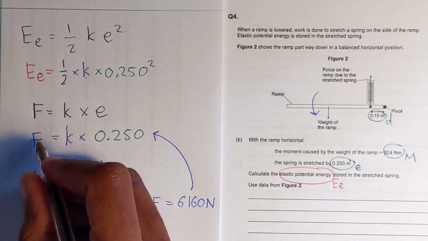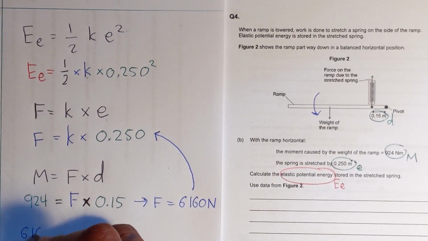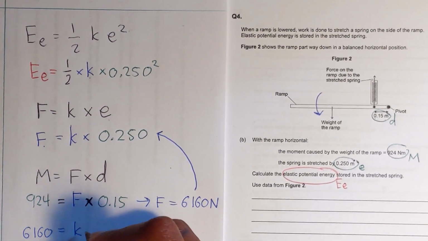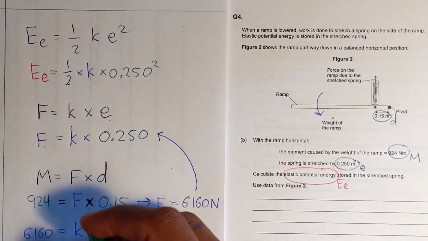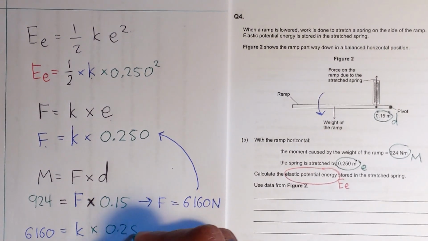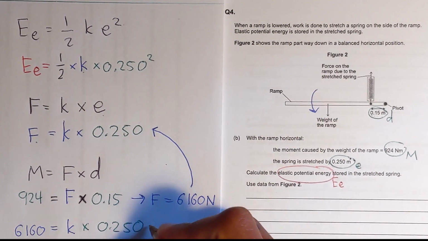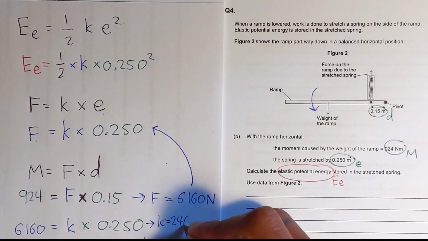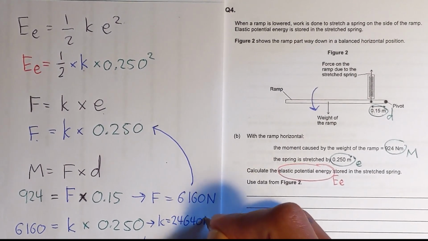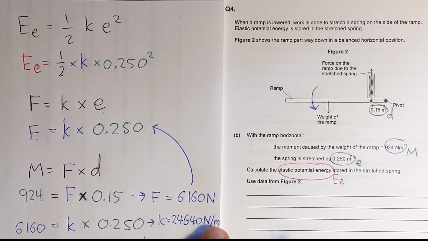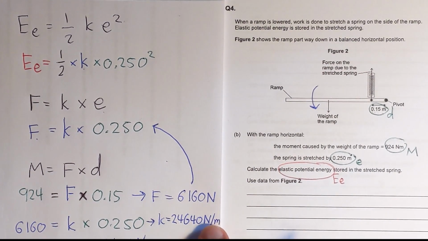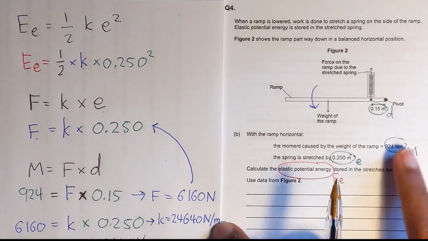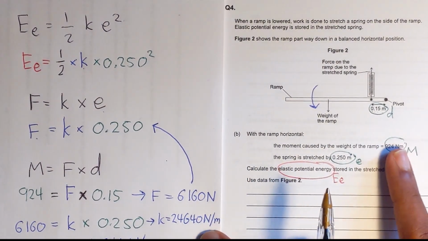So, writing out that line, we've got 6160 is the value of F, equals an unknown K multiplied by 0.250. And when you do the algebra, that's going to give you a value of K of 24,640 newtons per meter. Note, that's a spring constant measured in newtons per meter, not a moment measured in Newton meters. Similar units, but for very different things.